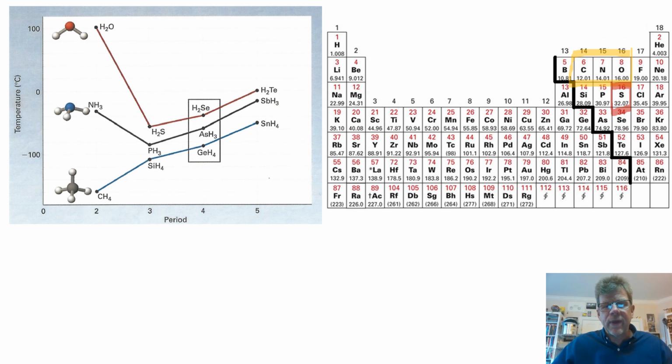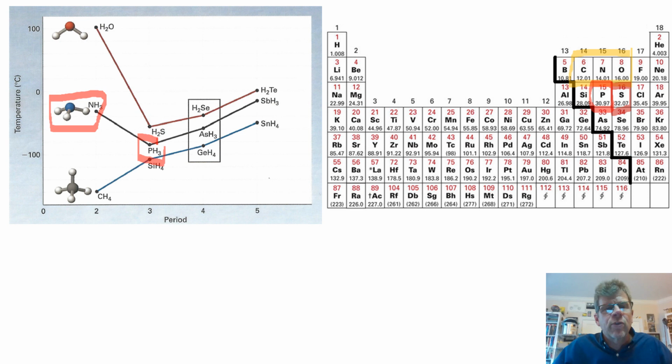We see the same thing with our representative nitrogen-containing compound. It has NH bonds. That means it can hydrogen bond. If we look over on the periodic table on the right, look right under nitrogen. What's under nitrogen? Phosphorus. Well, let's make the corresponding phosphorus compound from nitrogen, NH3.